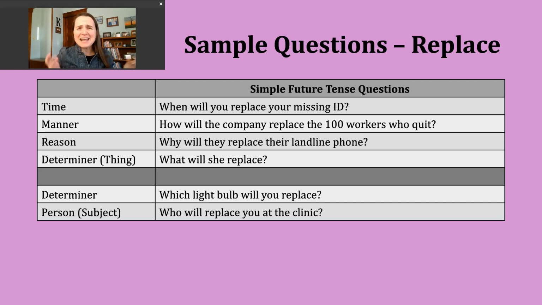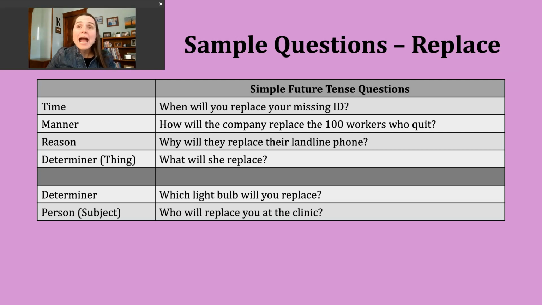So here we might be asking why they're going to maybe get another landline phone because that might seem unnecessary in 2023, right? We might think they already have cell phones, they don't need this type of phone. But they might have plans to do this for a good reason, right? And so our question is asking about that reason.